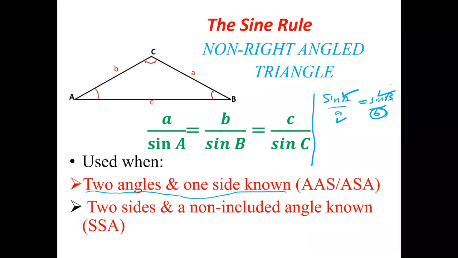So that's how we use our sine rule: when we have two sides and one angle, or two angles and one side. It's very important when we come to this.